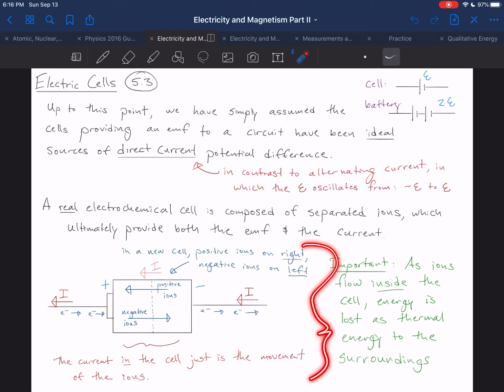And this is the key ingredient that we have up to this point ignored. So in our next video, we're going to shift away from discussing ideal cells, or ideal sources of potential difference, and move to discussing real ones, which do end up delivering thermal energy to the surroundings directly.